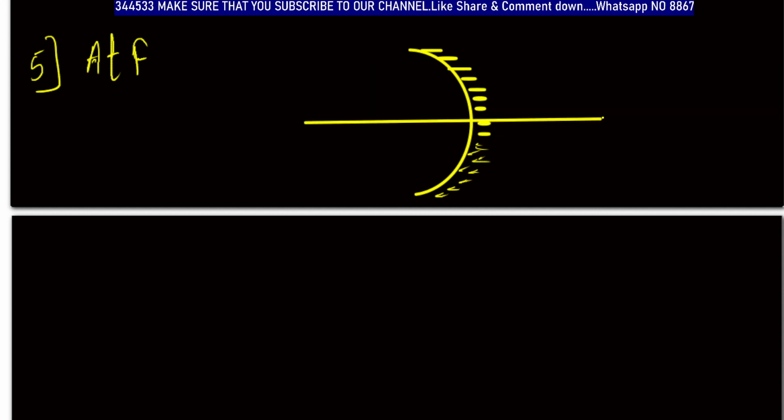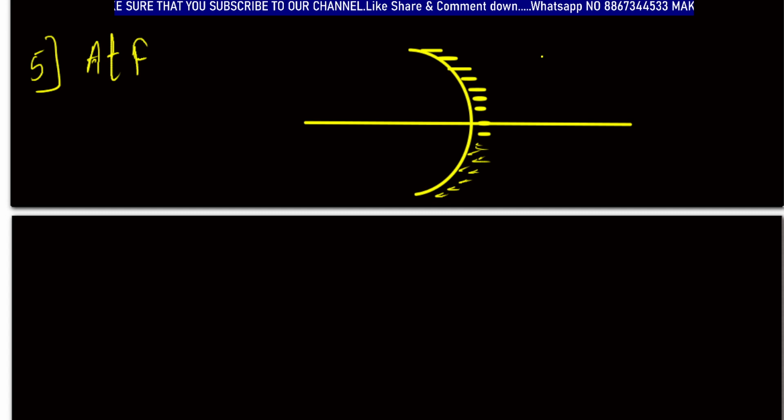This is the principal axis. This is the pole. So this is the center of curvature. This will be the focus. When the object is placed at the focus, we will see where the image will be formed.